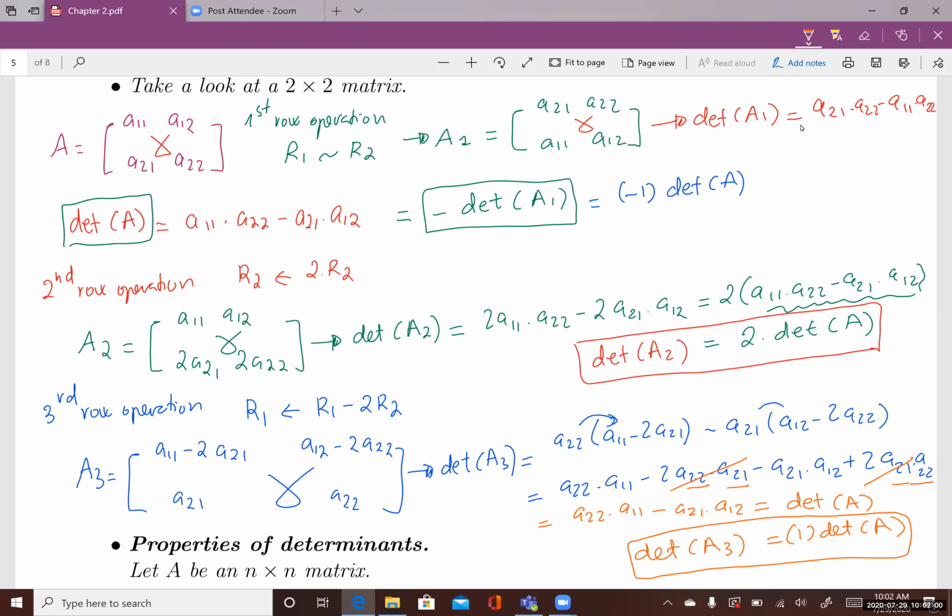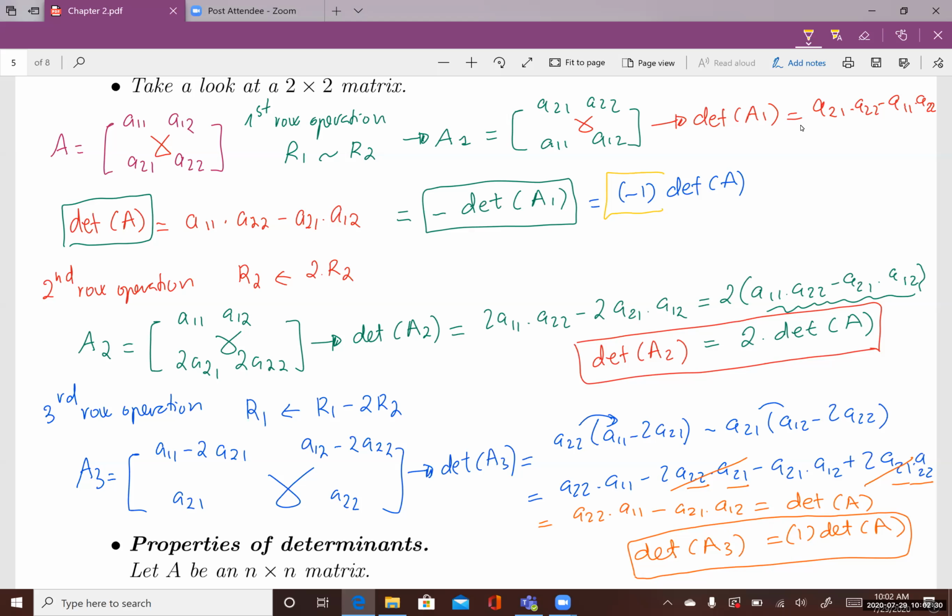So from these three examples, you can see that if you apply a row operation on a matrix, the resulting matrix will behave in different ways depending on which row operation you are using. For example, for the first row operation, the determinant of the new matrix will be the opposite of the determinant of the previous matrix.